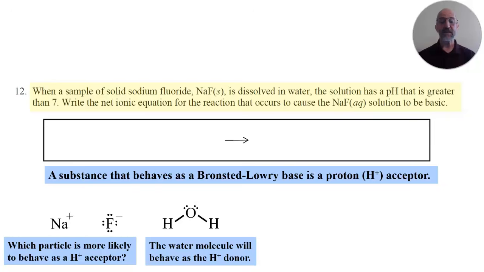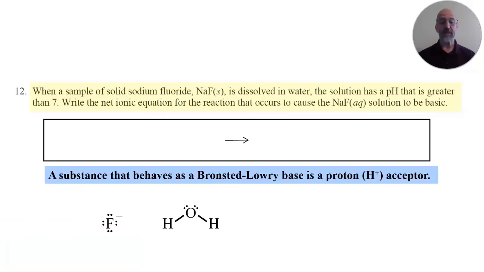So I would think it's more likely that the fluoride ion will behave as a weak base. And you might already know this because HF was something I had mentioned earlier in this lesson. So if HF, or hydrofluoric acid, is a weak acid, then its conjugate base, F-, behaves as a weak base.